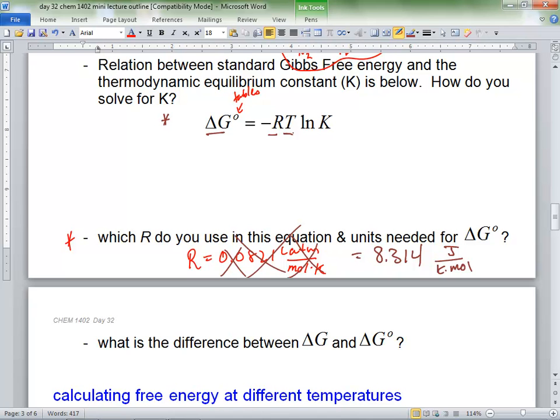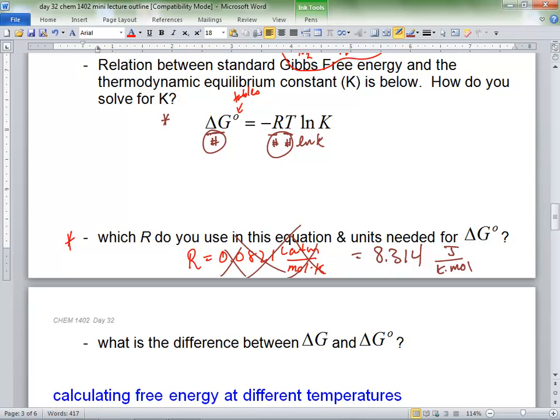So you've got a number for all this stuff, a number equals natural log of K. What I would do is divide this by these two, then take it to the e power.